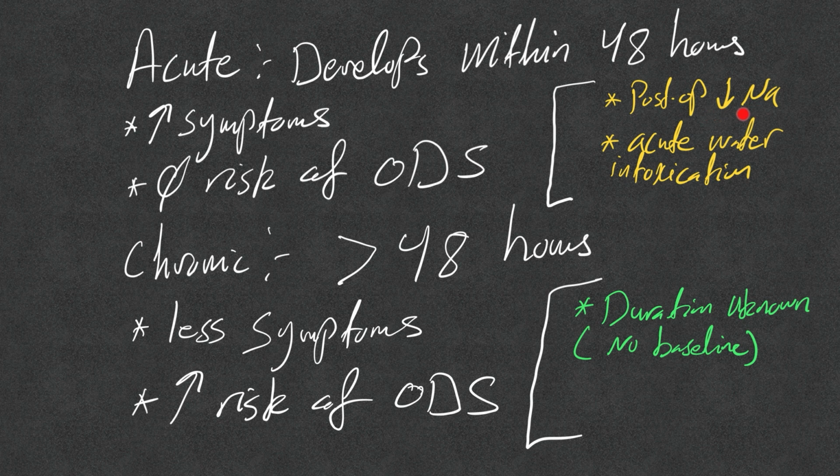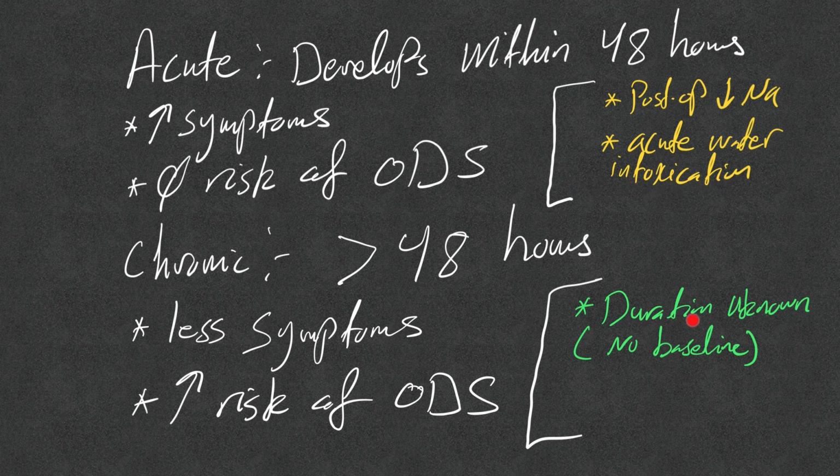And these patients usually have a baseline sodium that you can compare to. It will be normal and drop within 48 hours. And acute water intoxication. Most of these patients come from home, but because we suspect acute water intoxication, we assume it's less than 48 hours. Psychogenic polydipsia, marathon runners, ecstasy use.